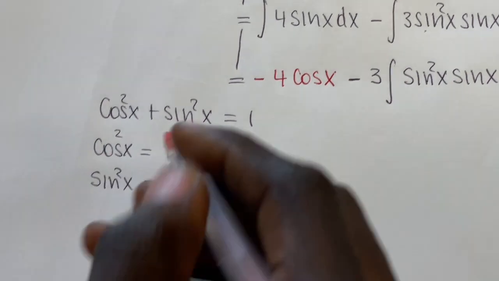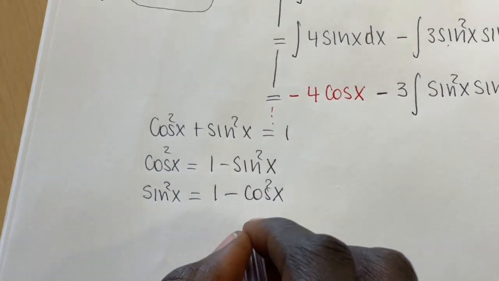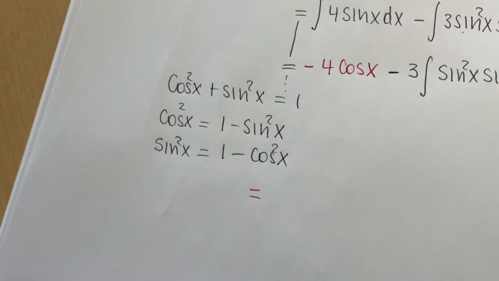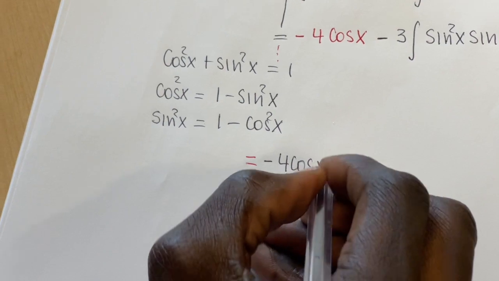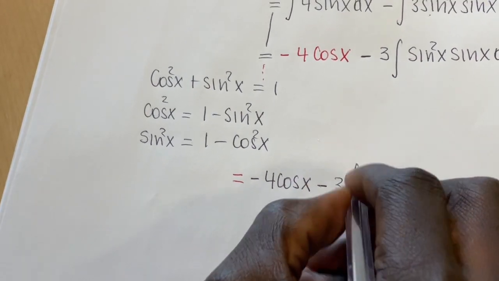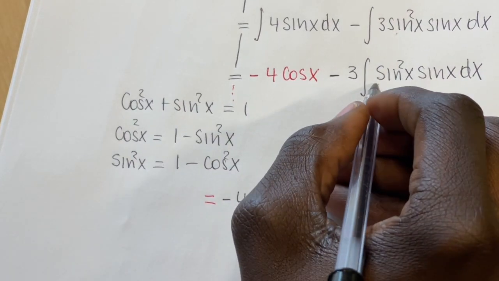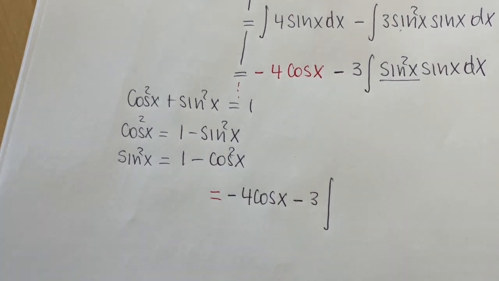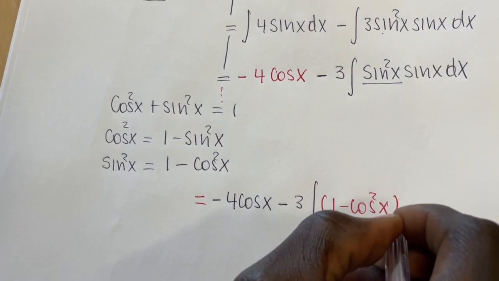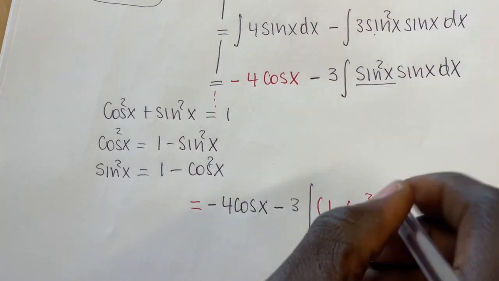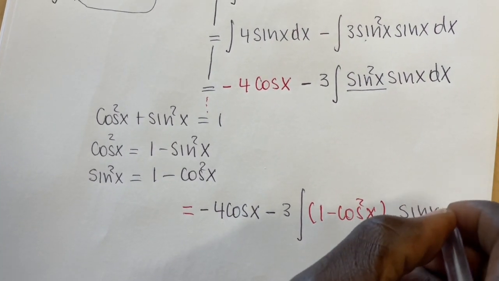So now, from this integration we are here. We already found minus 4 cos of x minus 3, and we open the bracket. What is sine squared? We're going to change it to become 1 minus cos square x times sine x dx.